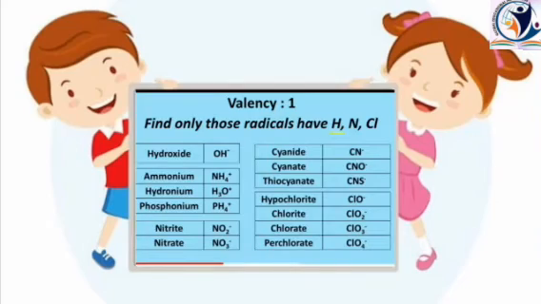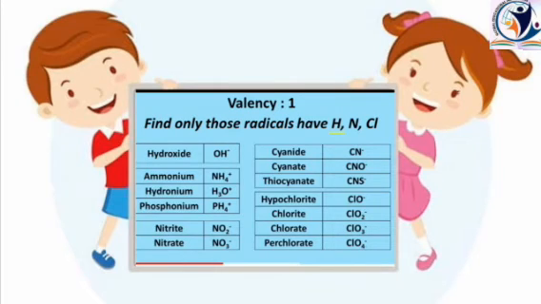Next we will find some radicals which are having H, that means hydrogen, N, nitrogen, or Cl, chlorine. Their valency will always be 1. Example, hydroxide, we will write as OH minus. That means they are having 1 as their valency. Nitrite, that means it is having nitrogen, so it is NO2 minus.